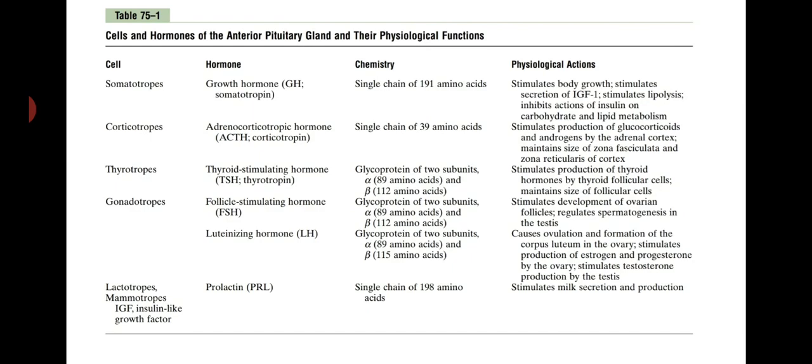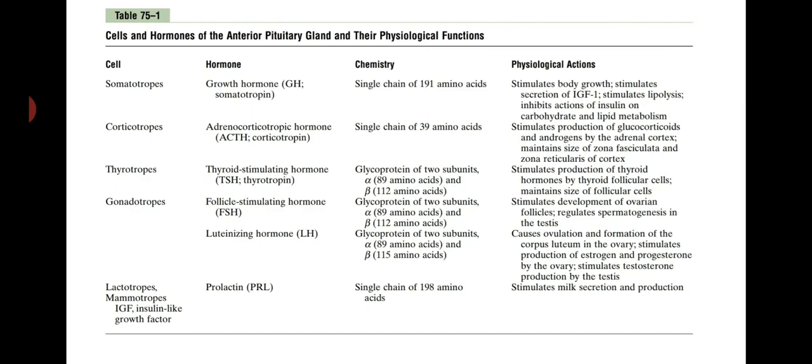About 30 to 40% of anterior pituitary cells are somatotropes that secrete growth hormone. As the name suggests, it is responsible for the growth of our entire body. It affects cell division, cell differentiation. It stimulates lipolysis, inhibits actions of insulin on carbohydrate and lipid metabolism, and so on.